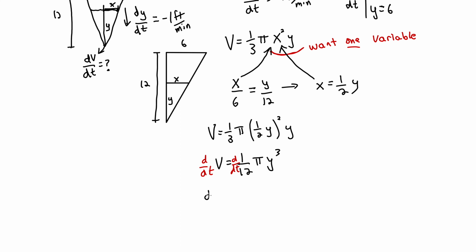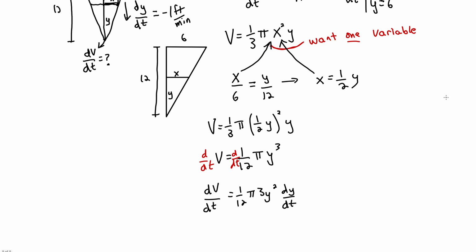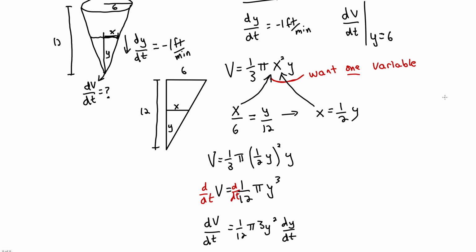This tells us that dV/dt is 1/12 pi times 3y squared dy/dt. That's our chain rule step. I kind of scrolled past it here, but if you recall, dy/dt was negative 1 foot per minute, and our goal was to find dV/dt when y equals 6. So we can plug all this stuff in right now.